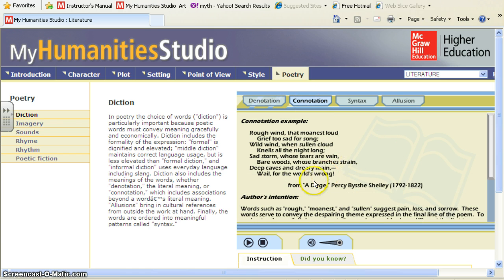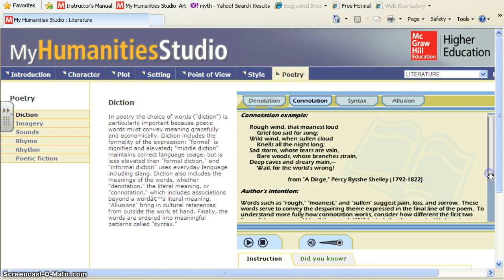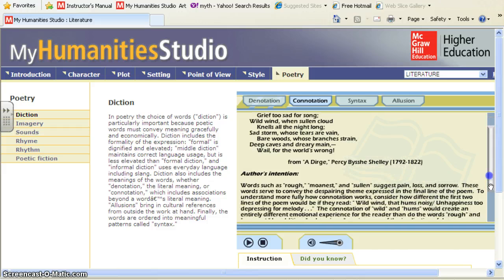All right, same poem, but when you take words like rough and moan and sullen, they suggest pain, loss, and sorrow, and they add a dimension to those other words that you wouldn't get emotionally. They're there to serve the purpose of conveying the despairing theme: wail, cry, yell for all that's wrong in the world.